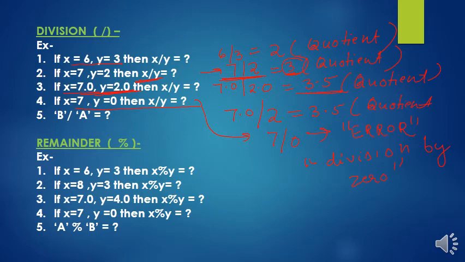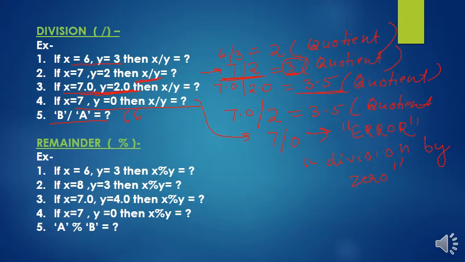Next example is character constant b divided by the character constant a. So Java compiler internally converts the a and b into their ASCII codes or numeric values. So the numeric value of b is 66, and a is 65.